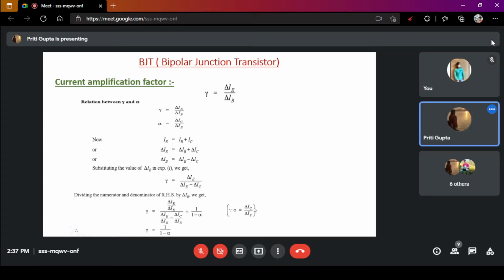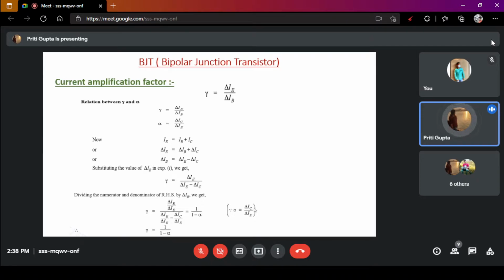The ratio of change in emitter current to change in base current in CC arrangement is known as current amplification factor gamma, or gamma is equal to delta IE by delta IB.